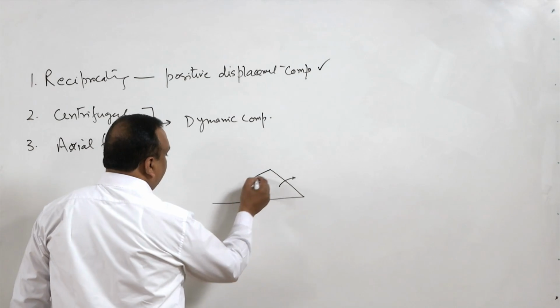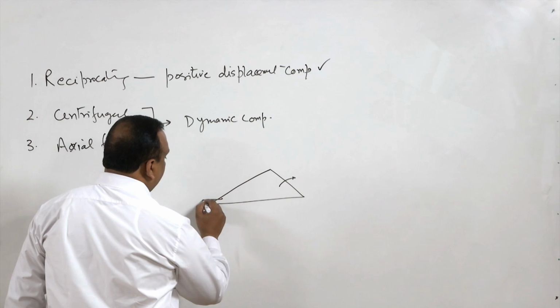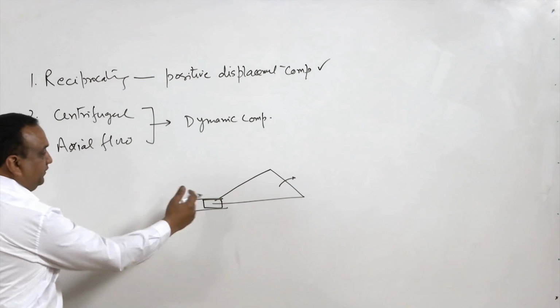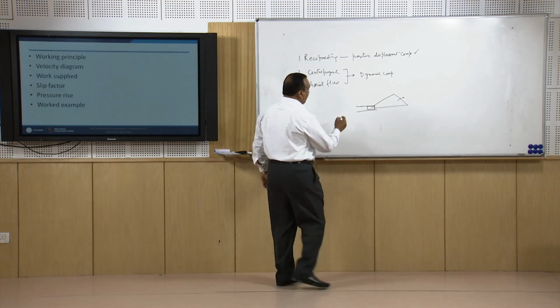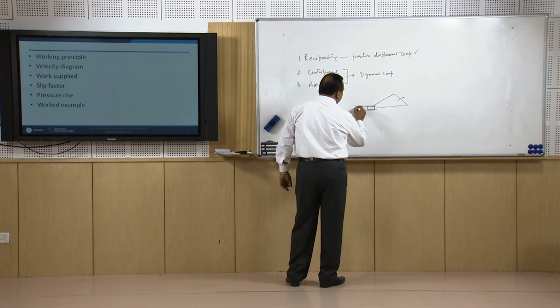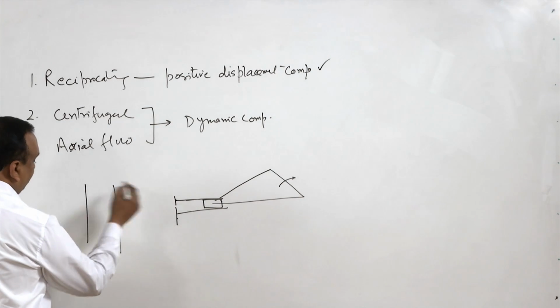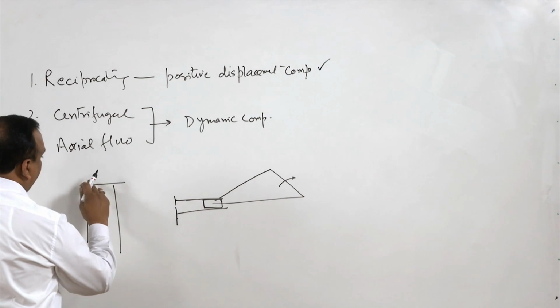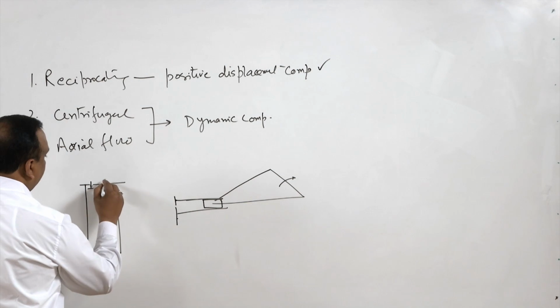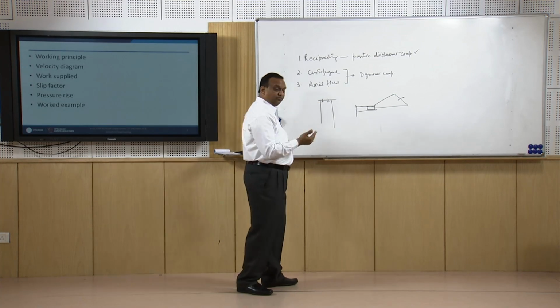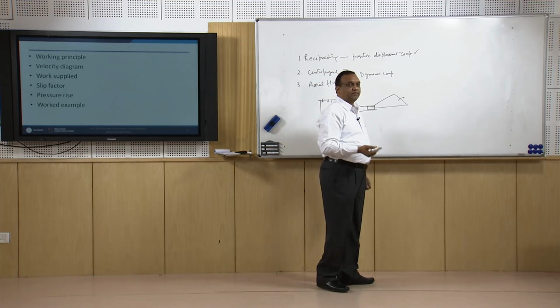So, there is a crankshaft, connecting rod, and a piston which does to and fro motion in a cylinder, and at the head there are valves. If I draw a vertical compressor, the head has two valves. They intermittently open and discharge the gas or air to the supply pipeline.